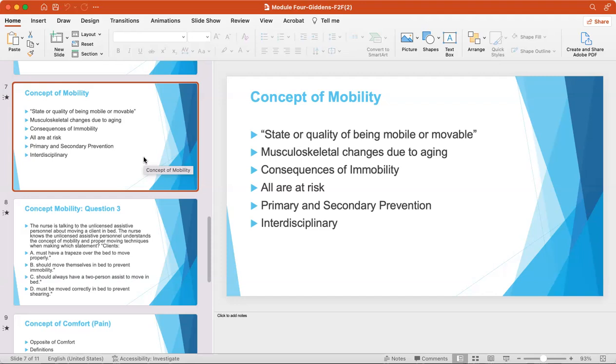And with the musculoskeletal system, it's important to have adequate oxygenation, perfusion. Cognition is important as well, right? And specifically, mobility requires adequate energy, right?